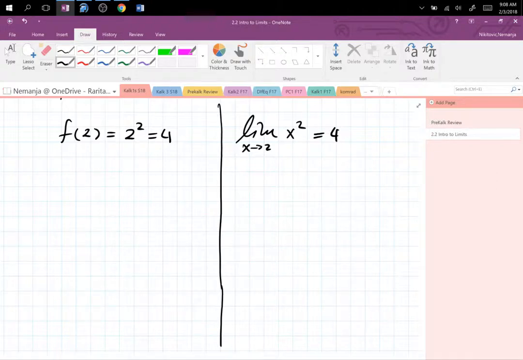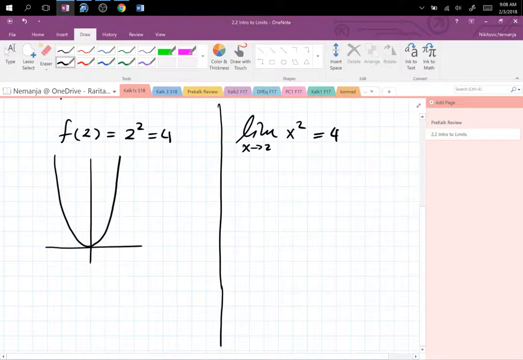Well, clearly limit, all right, because it's a heavier category. So for pre-calculus, you know that you can draw the graph, and you can go and find your 2, 4, right, the answer 4.